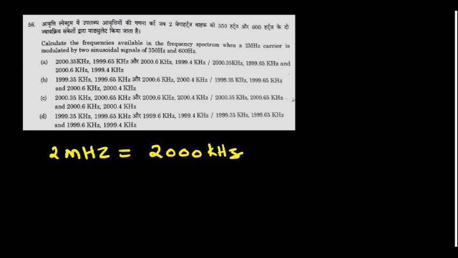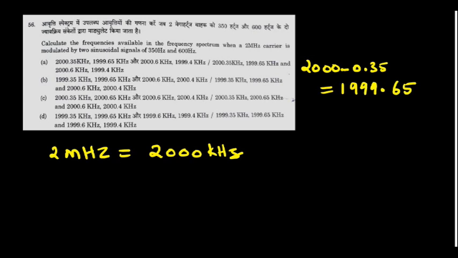When you modulate, you have to take the subtraction and the addition. That is 2000 minus 0.35, which comes to 1,999.65.